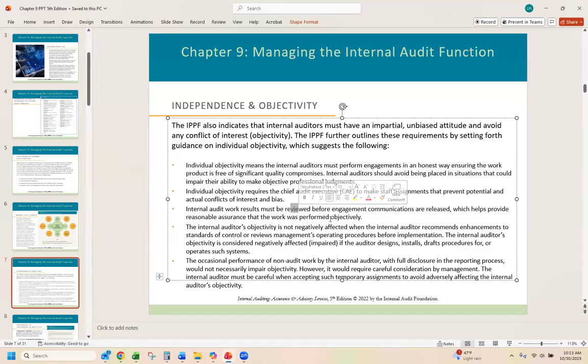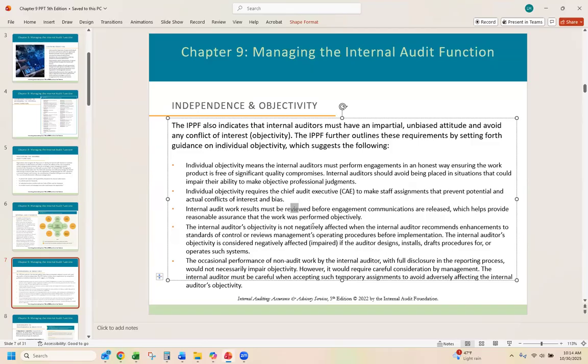Someone has to go through it, look at it, and make sure that the work's been done to that person's satisfaction or to the satisfaction of whatever's described in the audit charter. And then, if it's not, they send it back and say, hey, can you go work on this piece? And that's, again, very similar to public accounting.